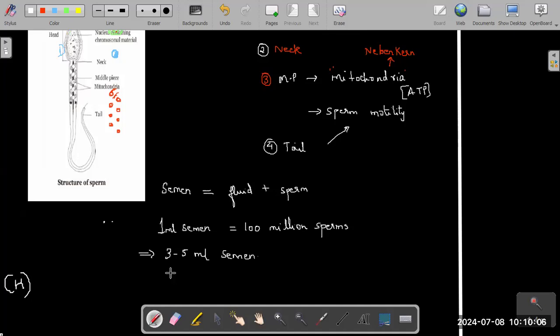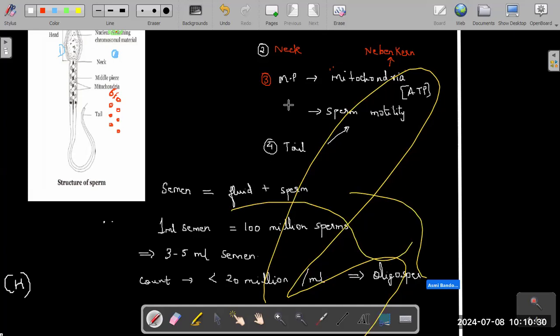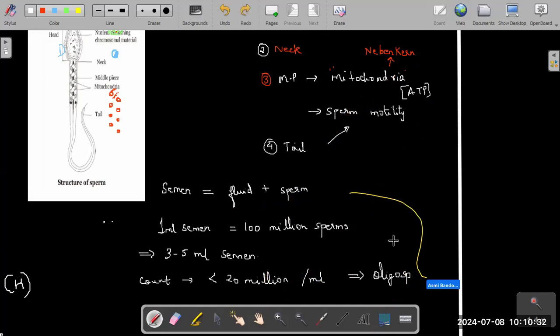Now, if the count per ml, so the count of the cells, is less than 20 million per ml, then the condition is called oligospermia.